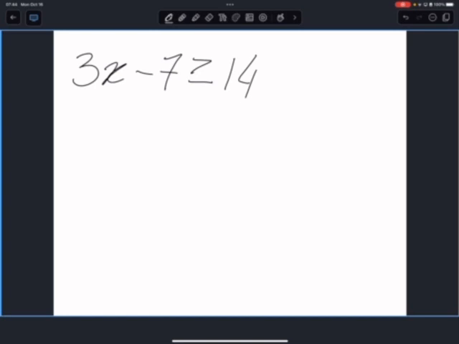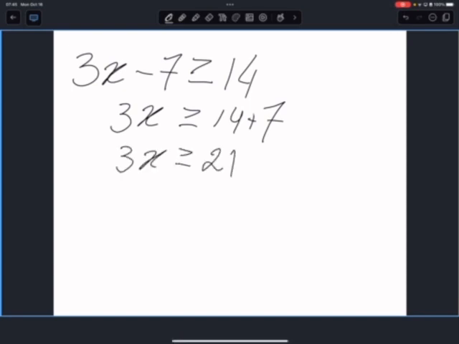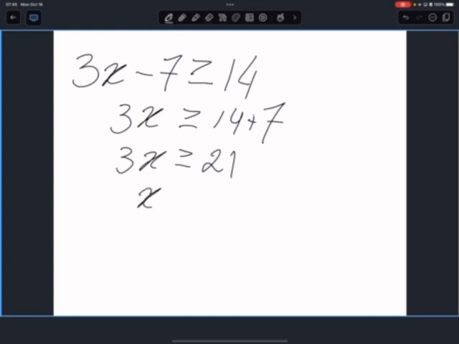You know how to solve it normally. And this becomes 3x is equal to or greater than 21, and your answer becomes x is equal to or greater than 7.